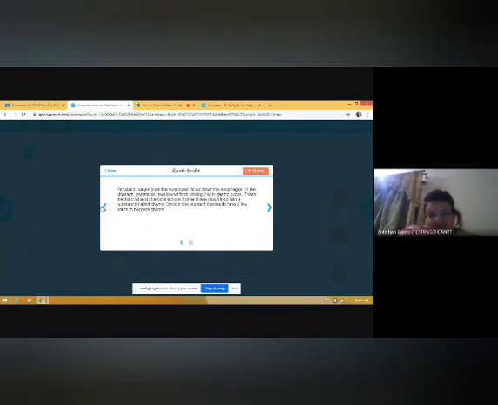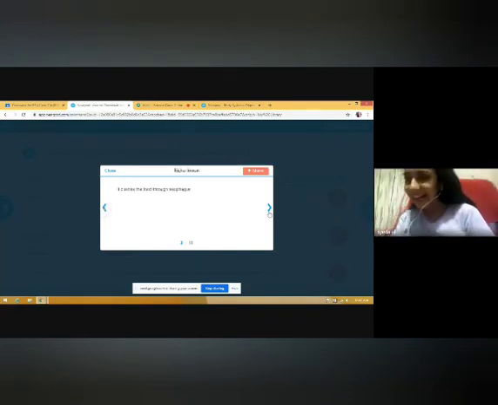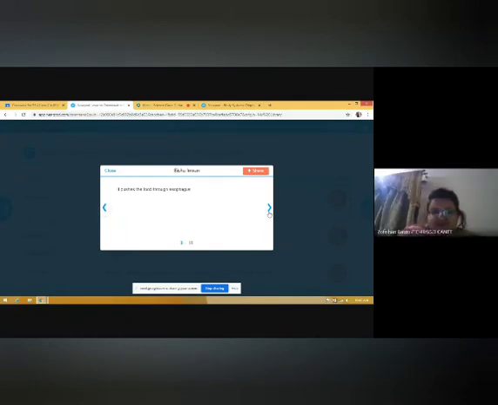Yes, very good, Zumla. आपने copy paste किया, but it is correct. Isha is saying it pushes the food through the esophagus, right? Rabia is saying peristaltic waves push the solid bolus down the esophagus.